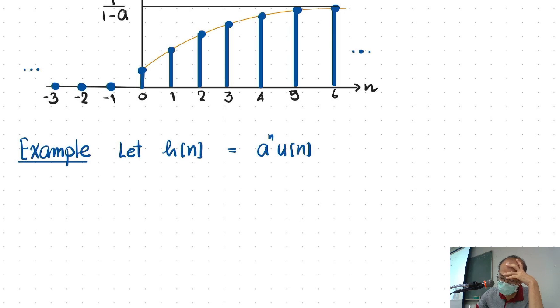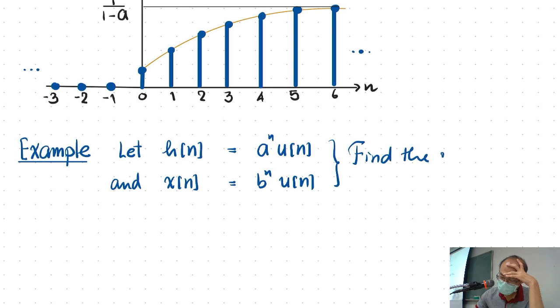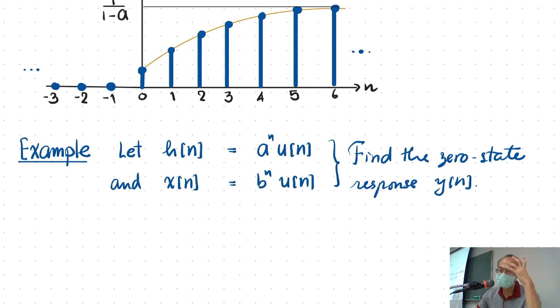All right, and x[n] be b to the n u[n]. Okay, we want to find the zero state response y[n] from this system.